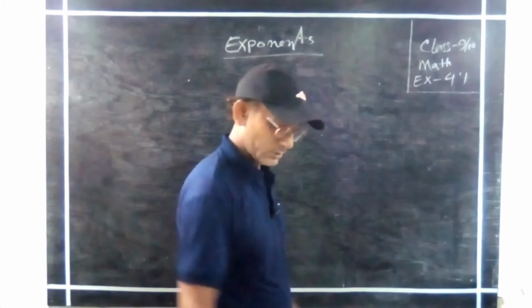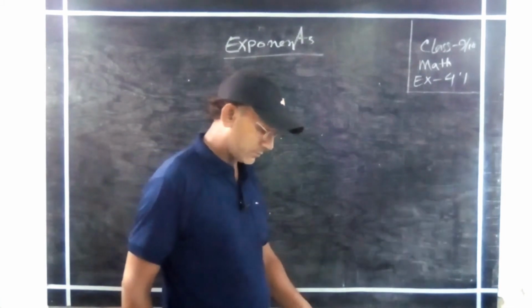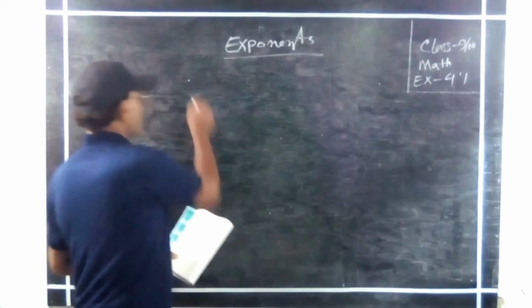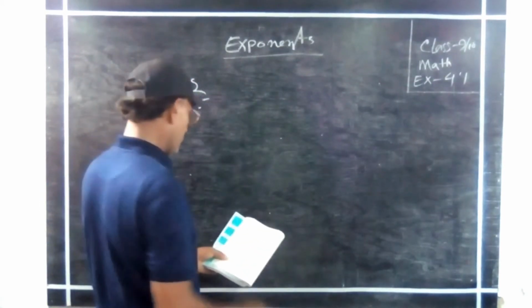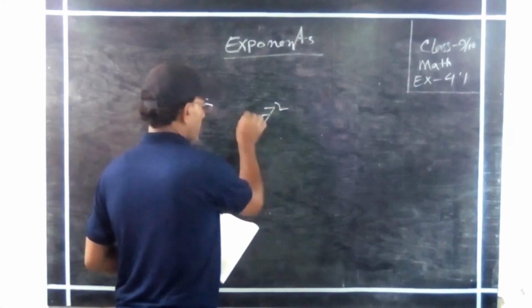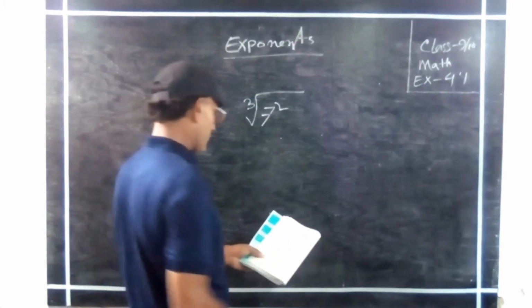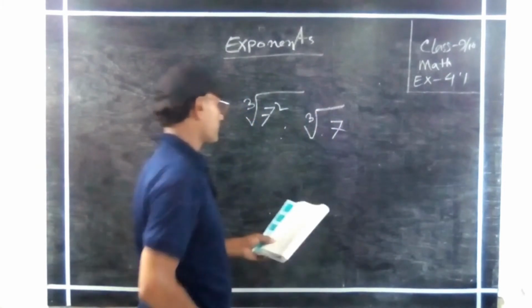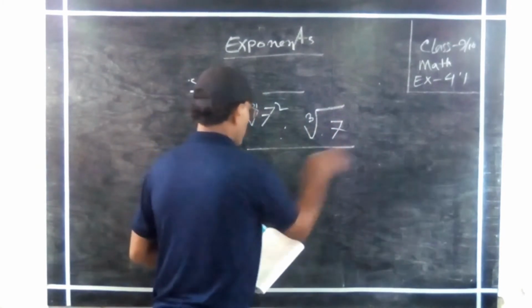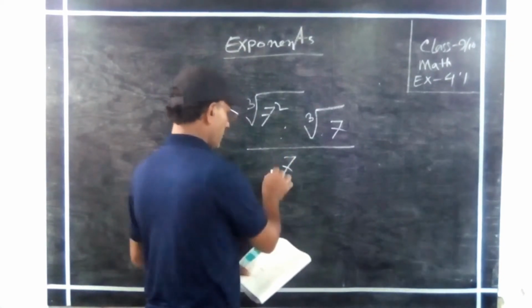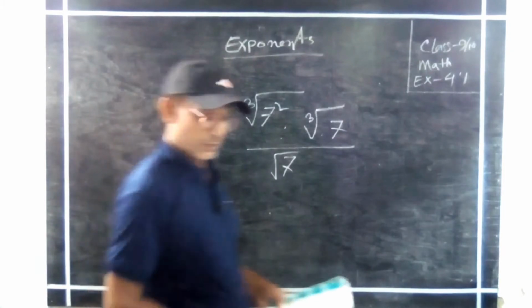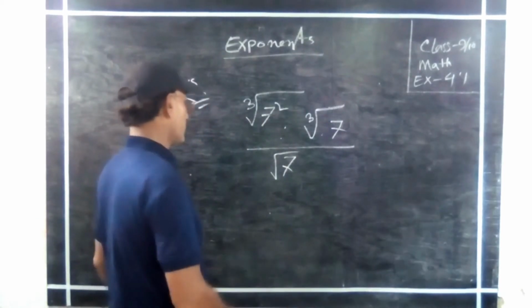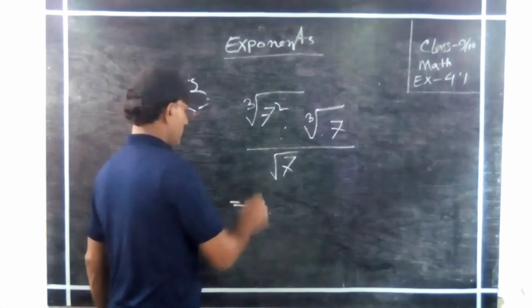Attention, second number is the third root of 7 square into the third root of 7, divided by the square root of 7. So we can write here equal to, see, the third root of 7 square, then we can write 7 to the power 2 by 3 into 7 to the power 1 by 3, divided by 7 to the power half.